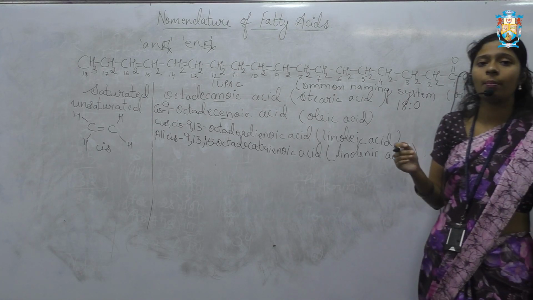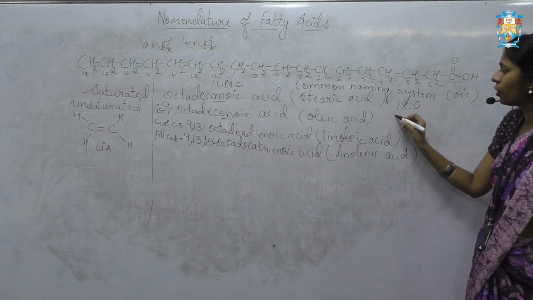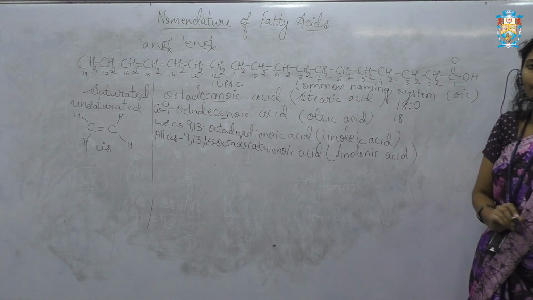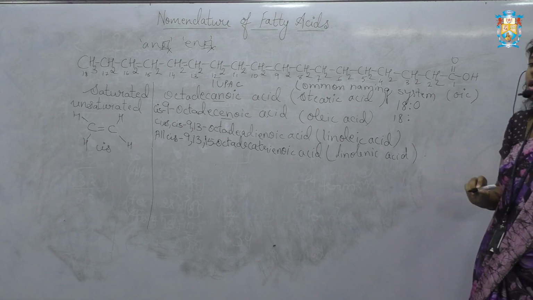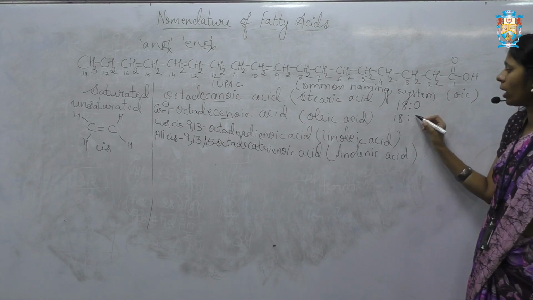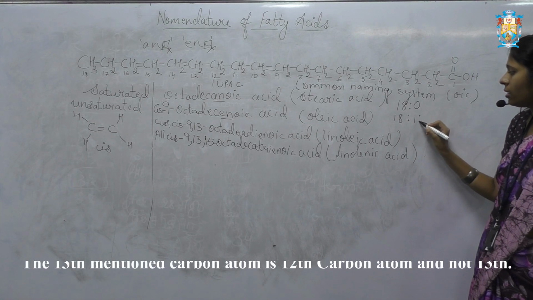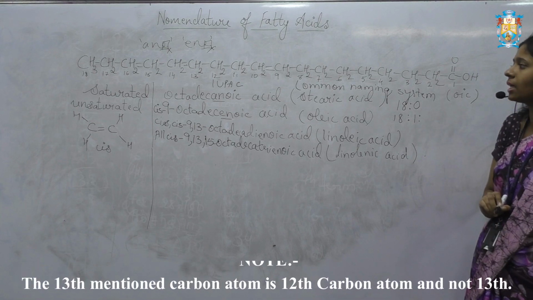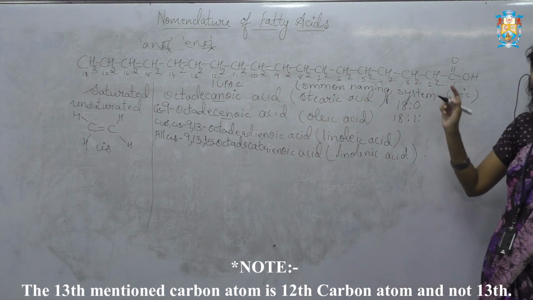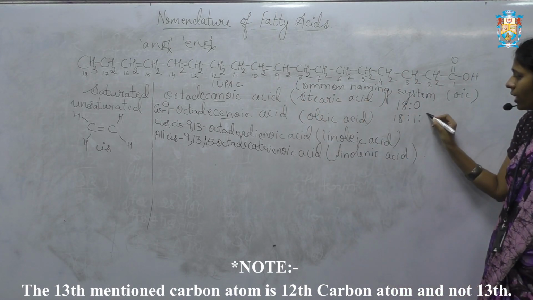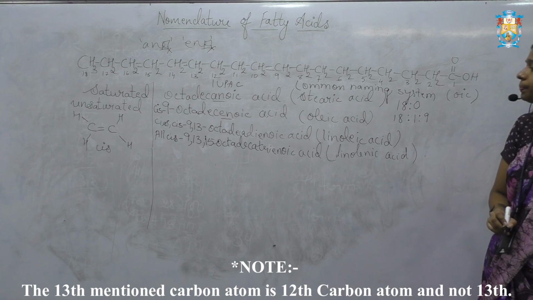Let's look at the shorthand representation for oleic acid. Again the same thing, it contains 18 carbon atoms. Then we write the double bonds. How many double bonds? There was only one double bond, on the 9th position. So I write it as 9th position.